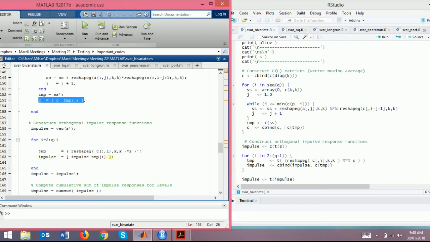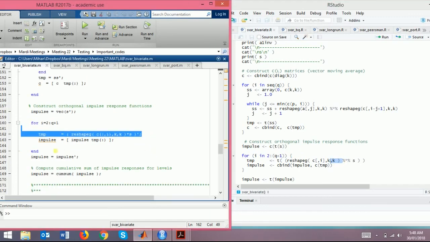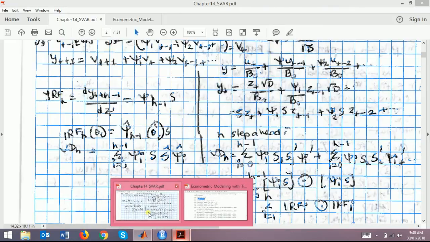C is representing our moving average. So all rows up until I columns and kk, you are representing that in a matrix, multiplying to S. So we have our impulse response function. Impulse is stored as impulse and all the elements of TMP.